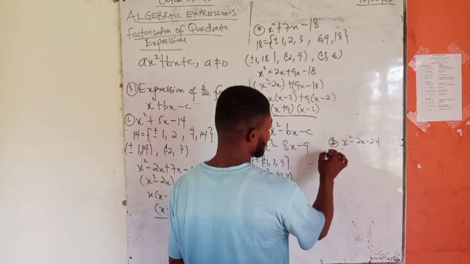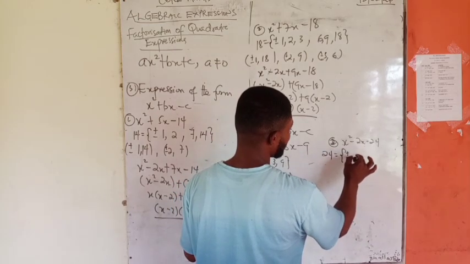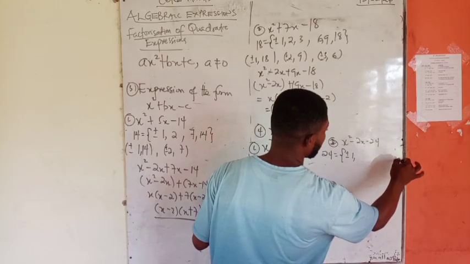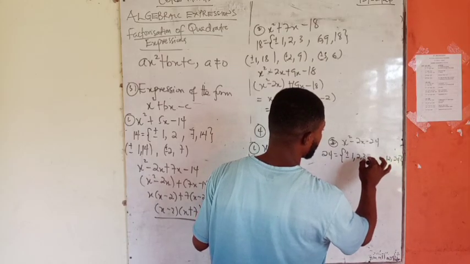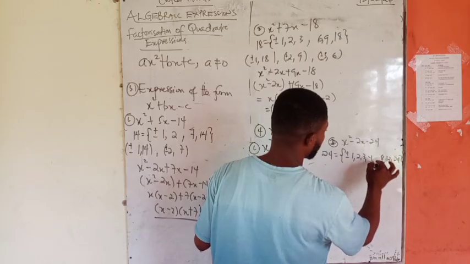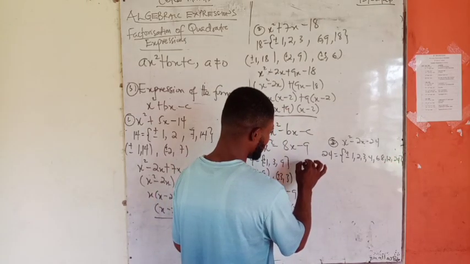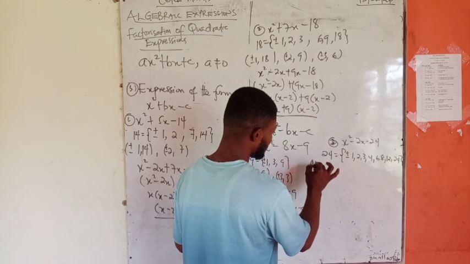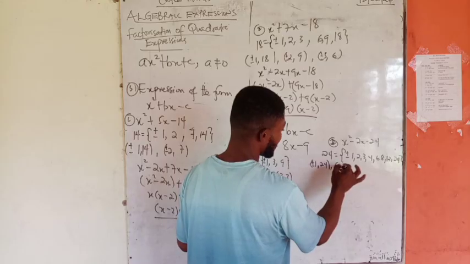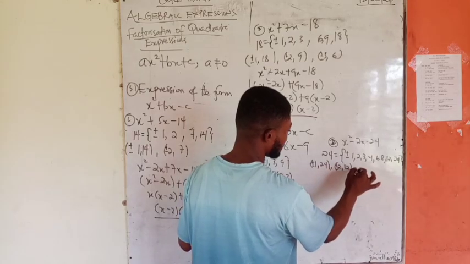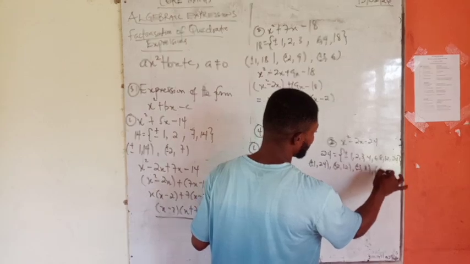Come here, factors of 24 will give you plus or minus 1, 24, 2, 12, 3, 8, 4, and then 6. So this one you can see that the factors are many, but we still have to put them in groups. So 1 against 24, 2 against 12, 3 against 8, and then finally 4 against 6.